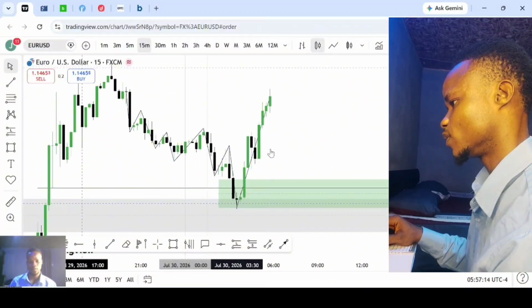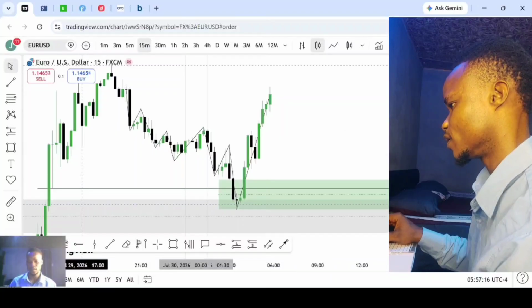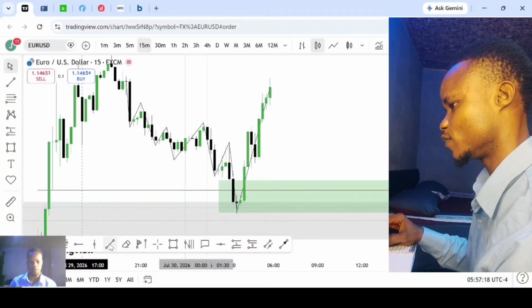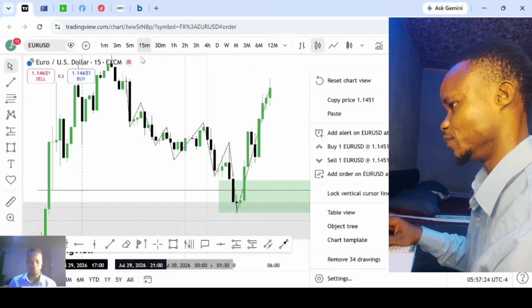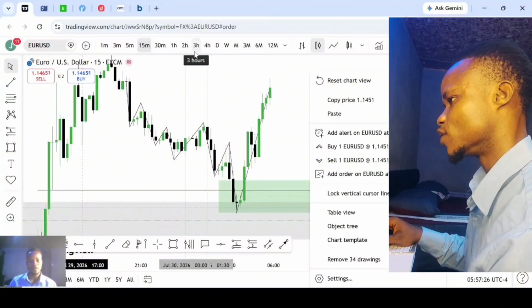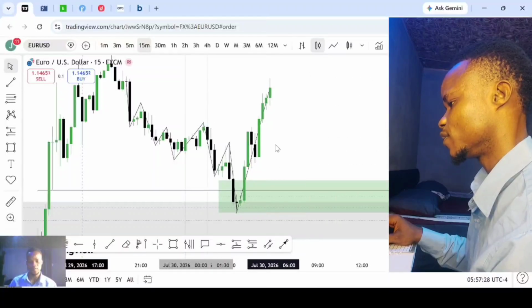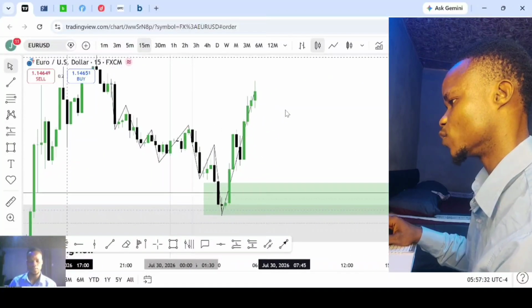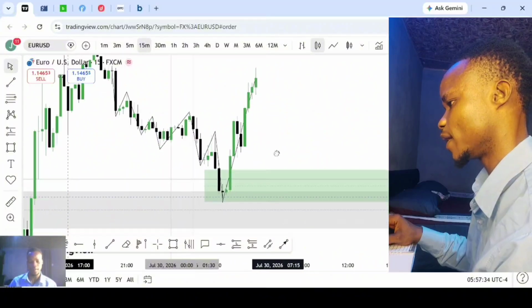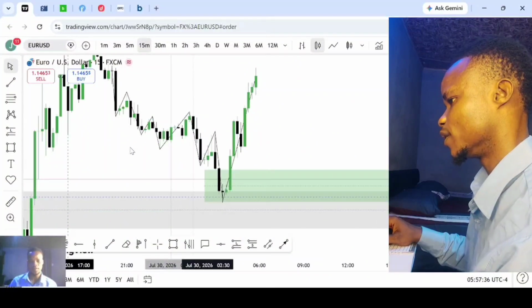Whenever this happens, what I normally do is, after this impulsive movement from here to this upside, I'm waiting for 62% of this movement. If I see anything that supports my entry from that 62% level, then I'm going to enter from there.